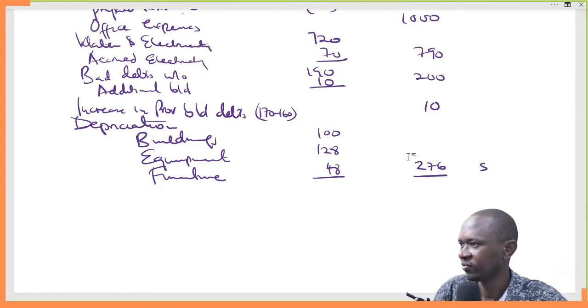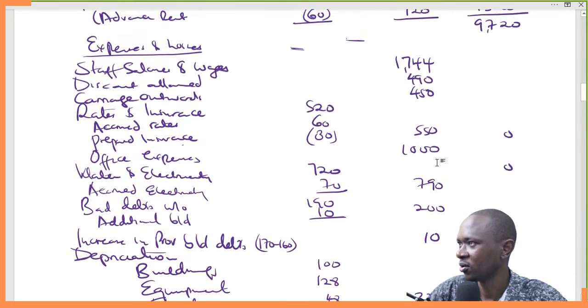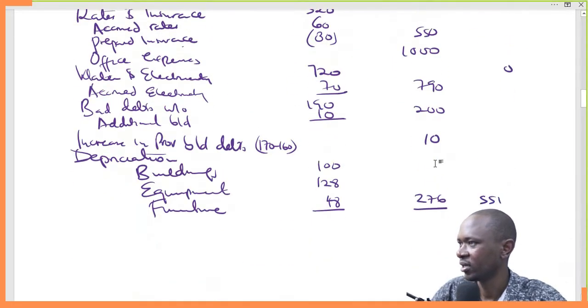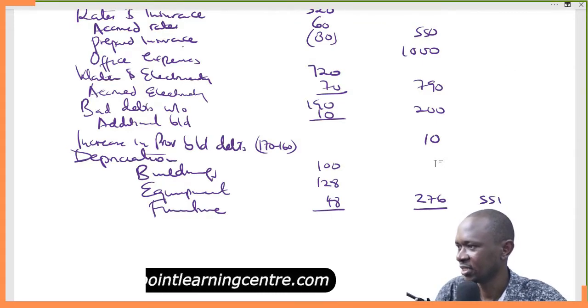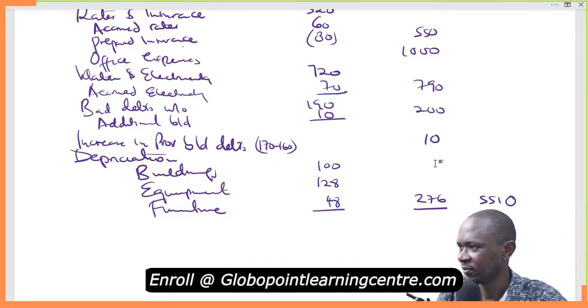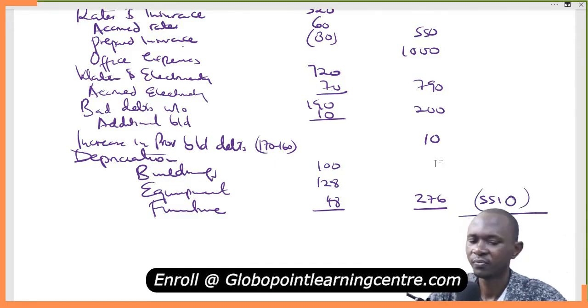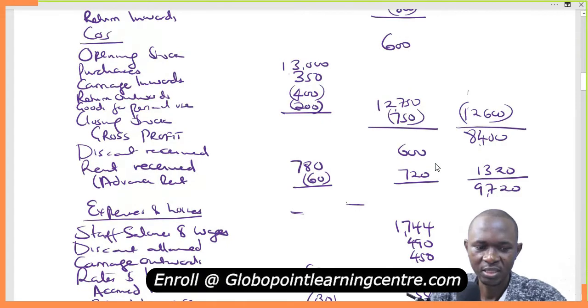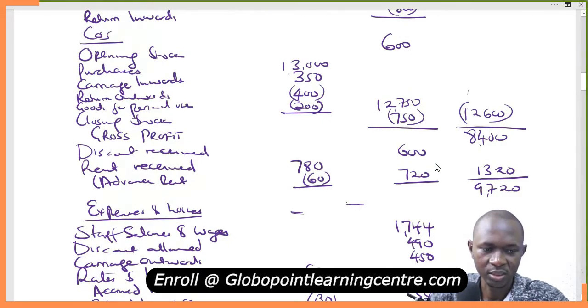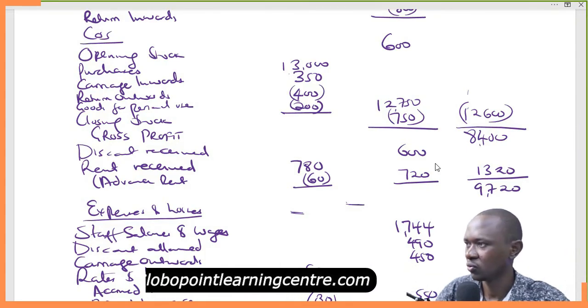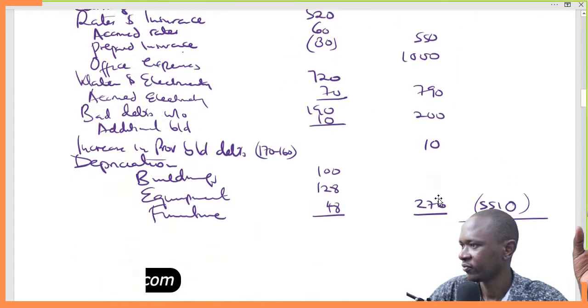So we have the outermost column, 5510, like that. Sorry for that. My zero was going places. So 5510, and this is in brackets. So 5510 minus 9720. That gives you 4210.